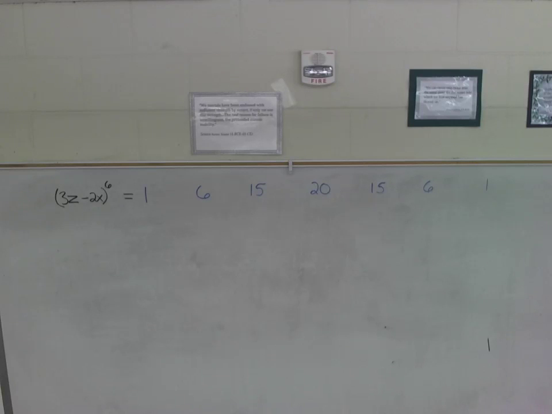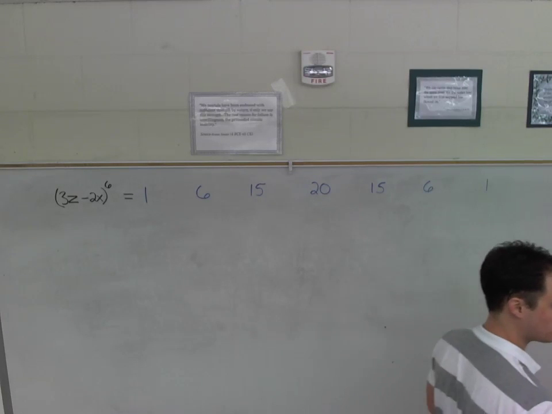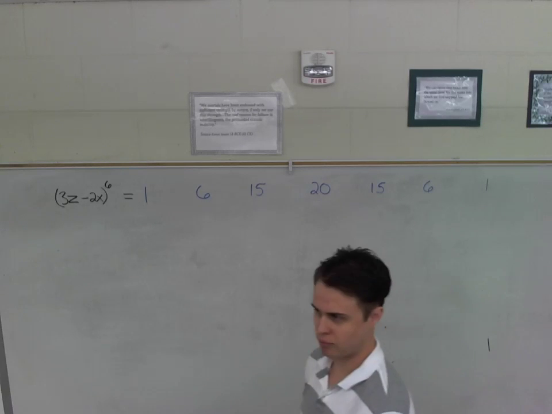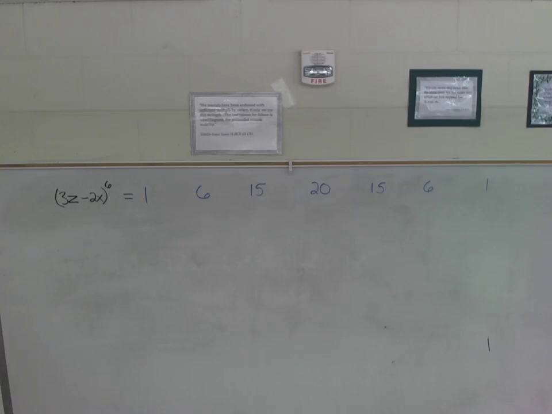So 3, you need to use a calculator. I'm betting we do, unless we know our power tables very well. Some of us hopefully do. And then we are 15, and then this is the dash 2, 6 to the fourth.